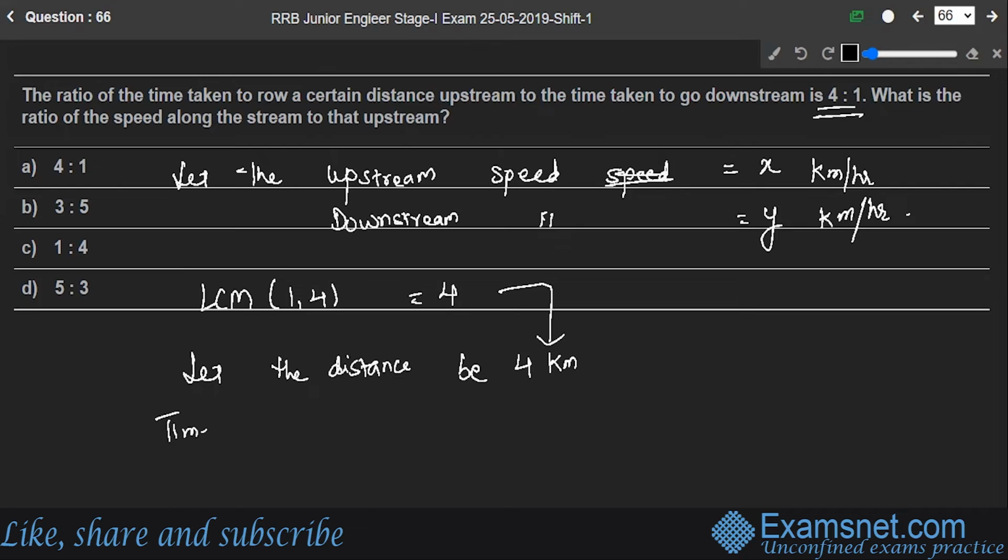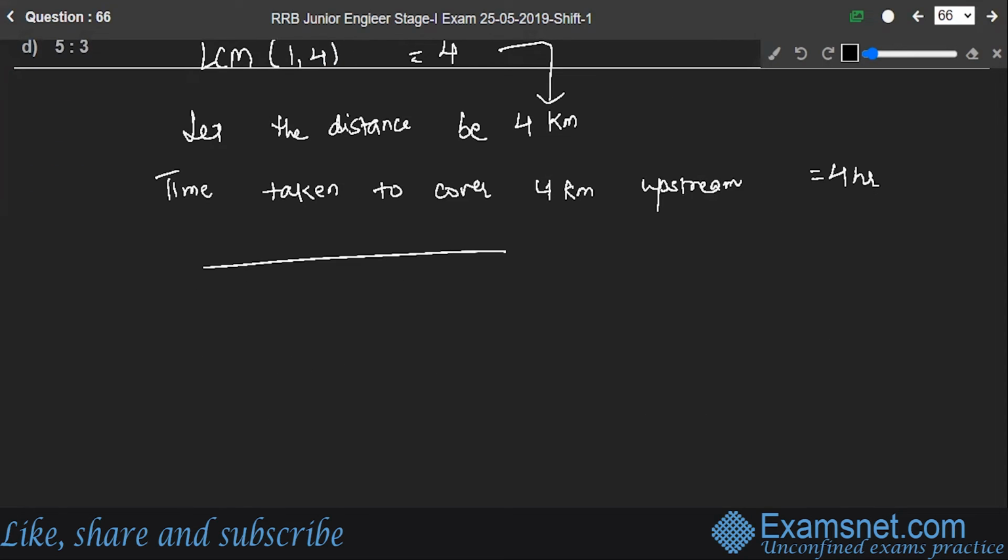So time taken to cover 4 kilometers upstream is equal to 4 hours, and 4 kilometers downstream is equal to 1 hour, right?